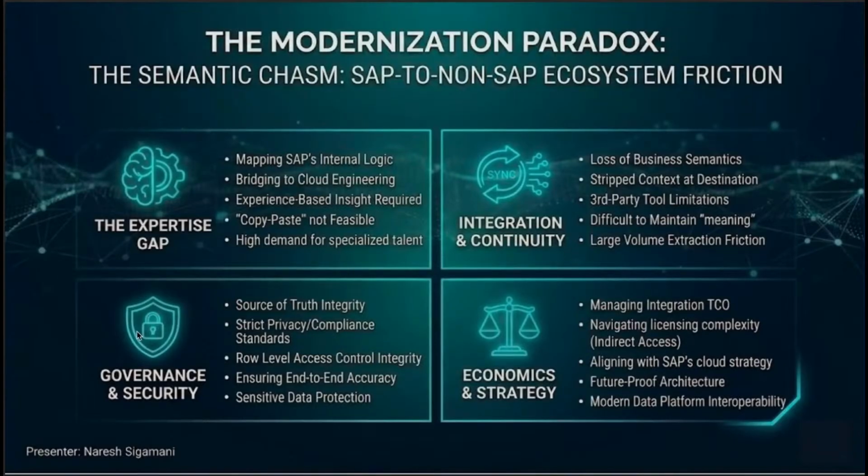Governance and security. SAP security is world class, we all know that, and granular. The moment you extract the data into the lake, you break the security chain. We need to have data protection and guardrails there. The last friction point is economics and strategy.